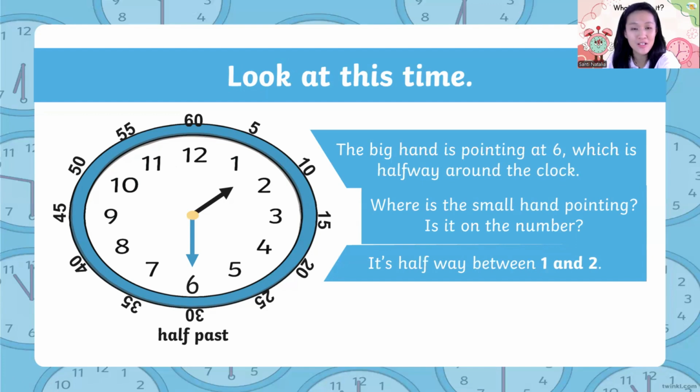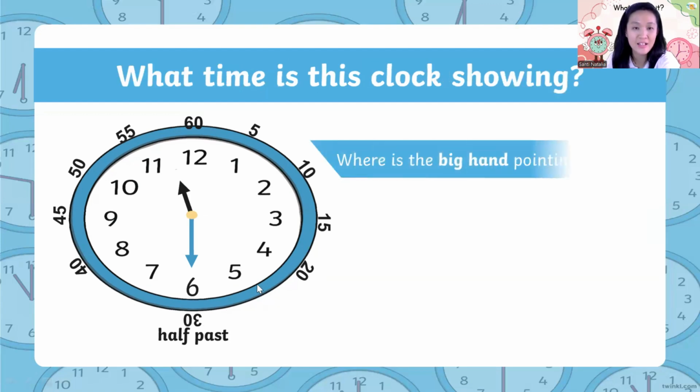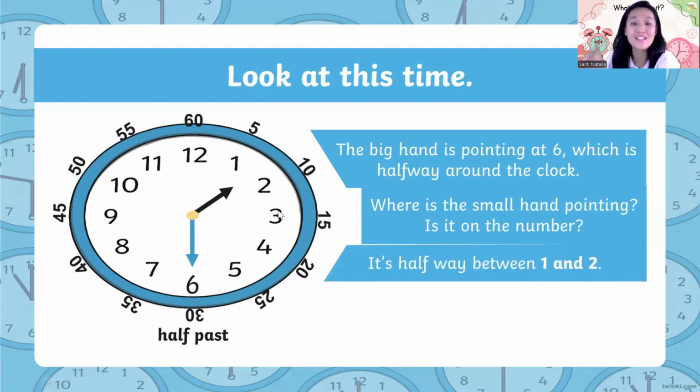Can you see, children? So what time is it? Because the long hand is pointing at 6, which is halfway around the clock, we can say half past 1. What time is it? Half past 1.